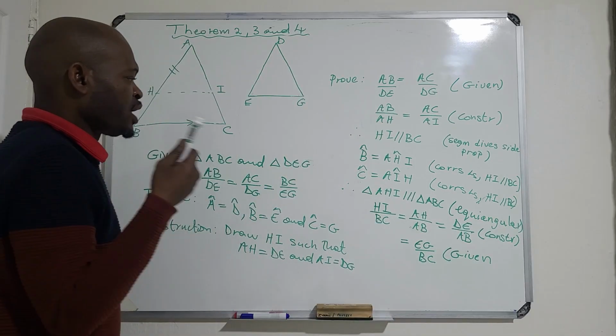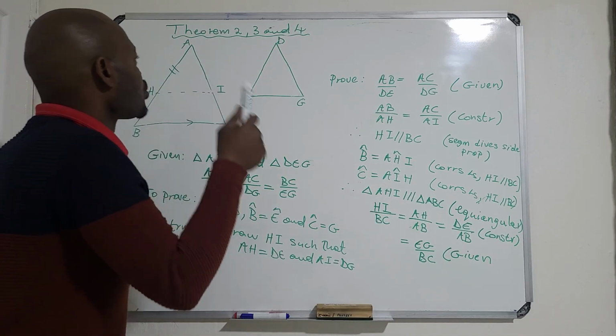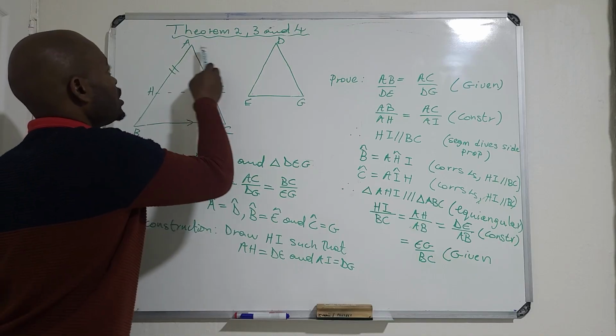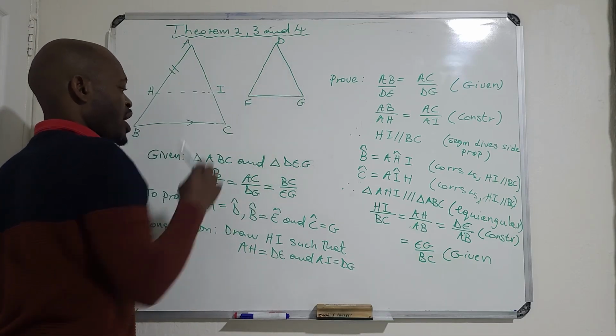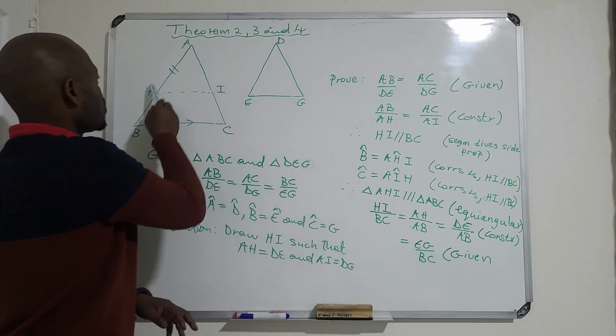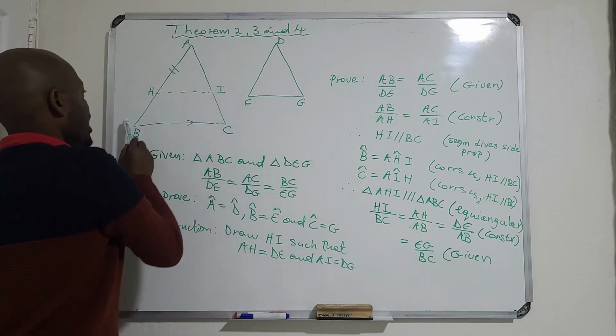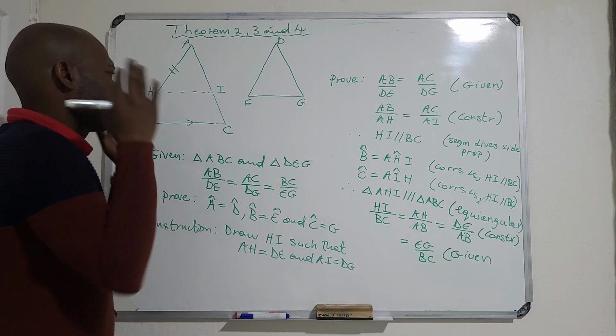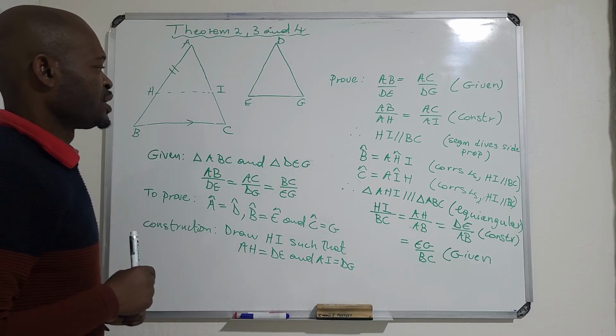The whole point here is to prove that this triangle is congruent to this triangle. But we have used similar triangles. We have used that this triangle is similar to this triangle. No need to cram these proofs.